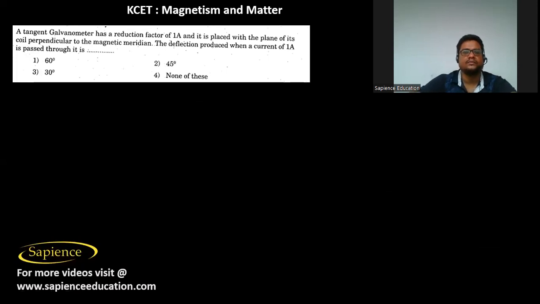And here it is told that a tangent galvanometer has a reduction factor of 1 ampere and it is placed with the plane of its coil perpendicular to the magnetic meridian. The deflection produced when a current of 1 ampere is passed through it is asked.